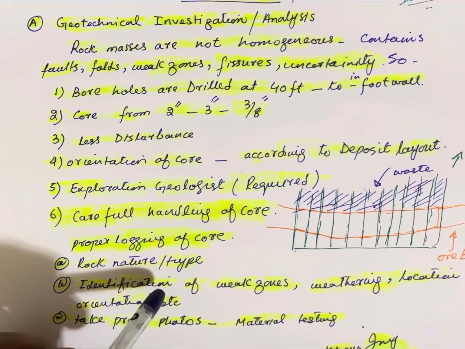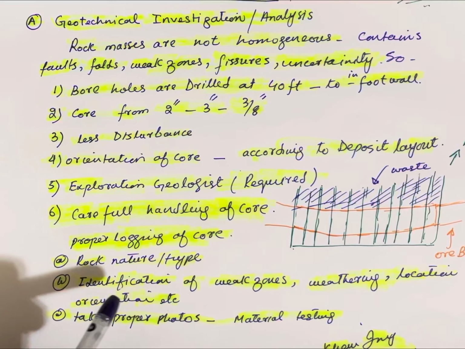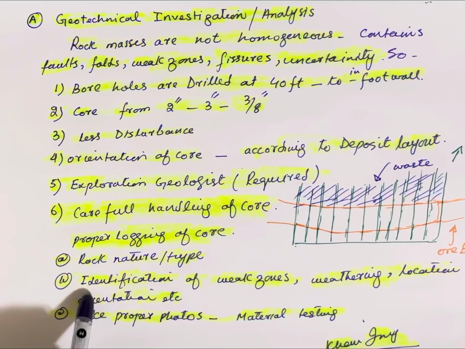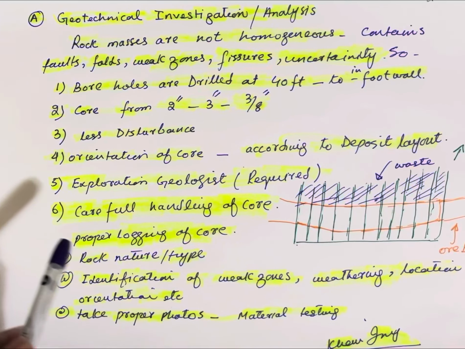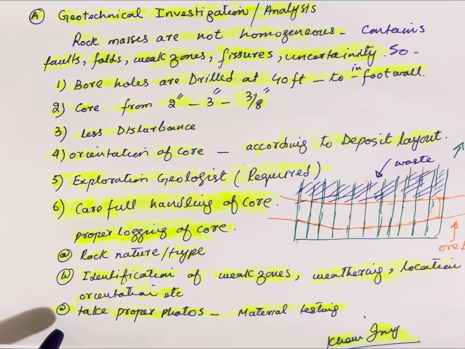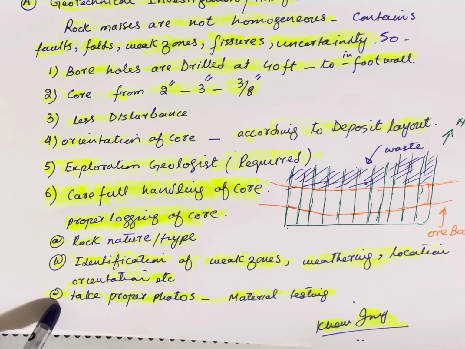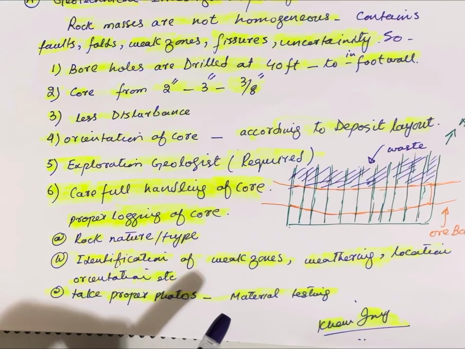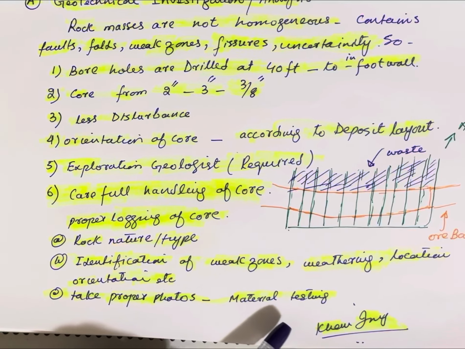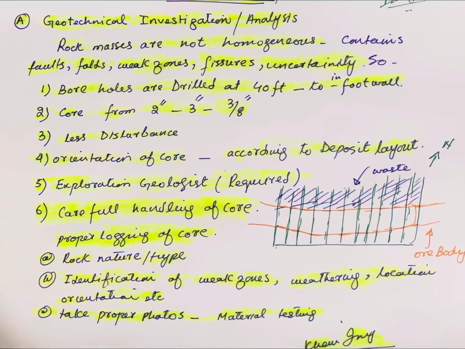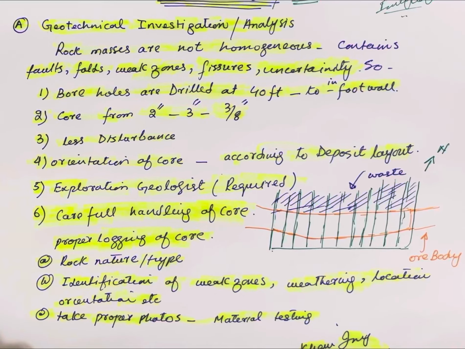They study the rock type and nature, identification of weak zones, weathering, location, and orientation, all noted on paper. They take photos of the core, and then do the material testing, like compressive strength, tensile strength, and shear strength of the rock body.